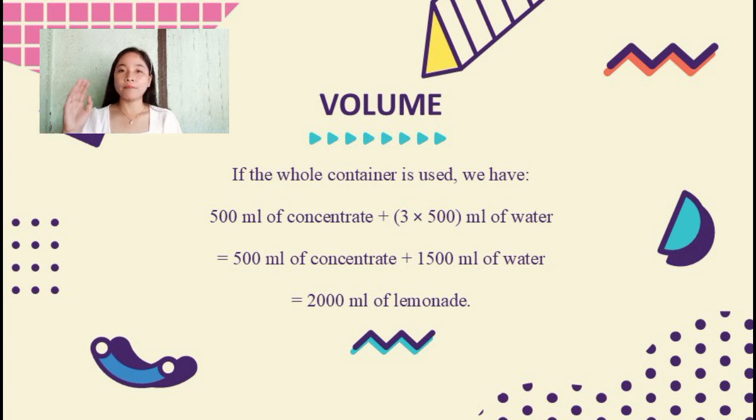So when we compute that, it is equal to 500 ml of concentrate lemonade plus 1,500 milliliters of water, which is equal to how many milliliters of lemonade? Very good! 2,000 milliliters of lemonade. To convert, 2,000 milliliters is equal to 2 liters.